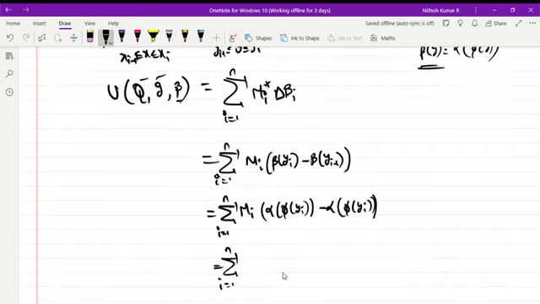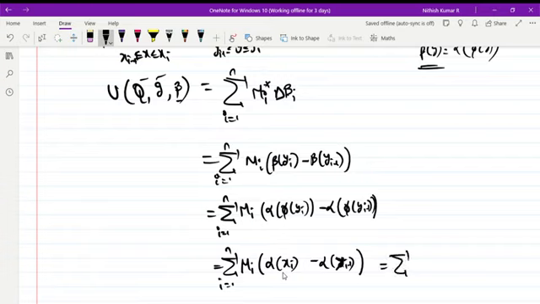Which is again equal to the summation i equal to 1 to n of capital Mi into, now alpha of phi of yi is nothing but alpha of xi, minus alpha of xi minus 1. Correct, I made a mistake, it is xi minus 1.